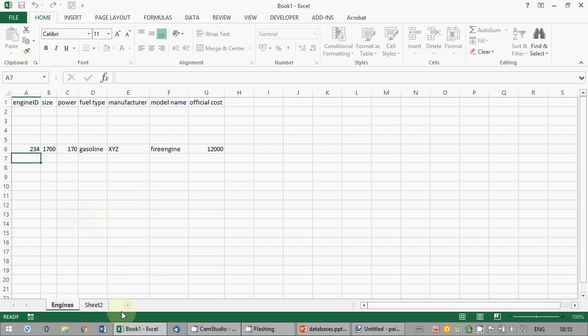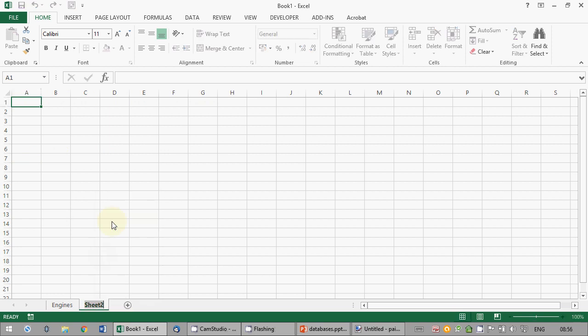Okay, and this is the engines table, and I have here the cars table, which contains the ID, the engine, the external, internal, and the tires, the final cost, and the owner.